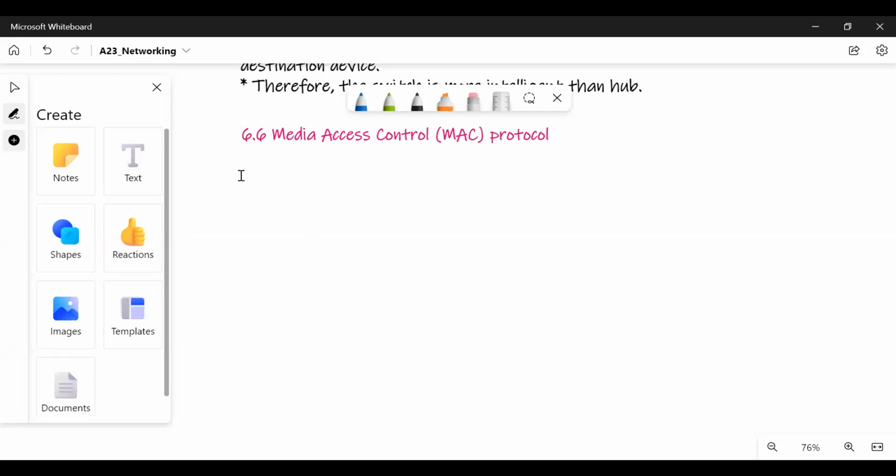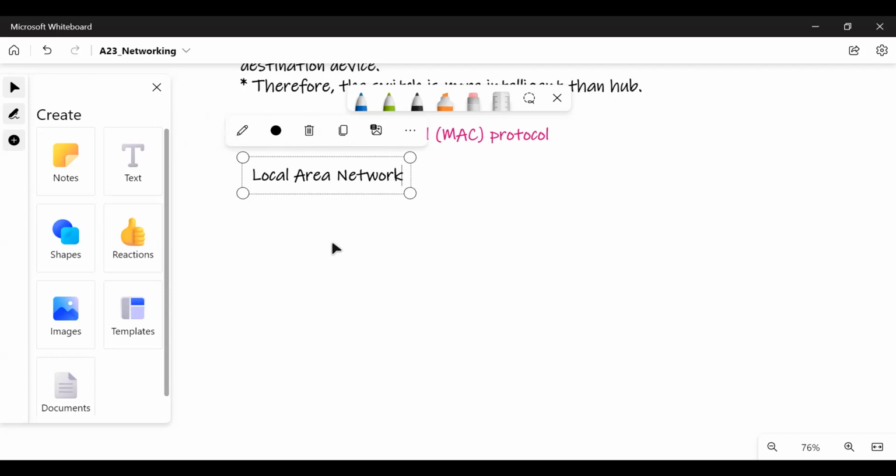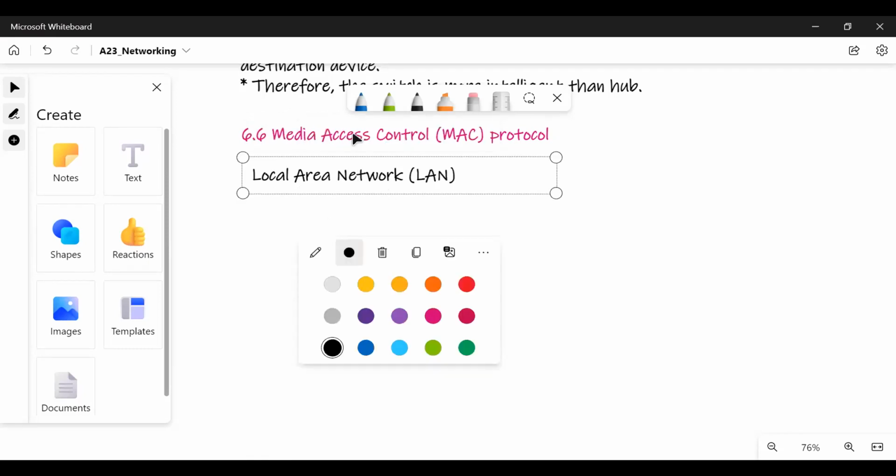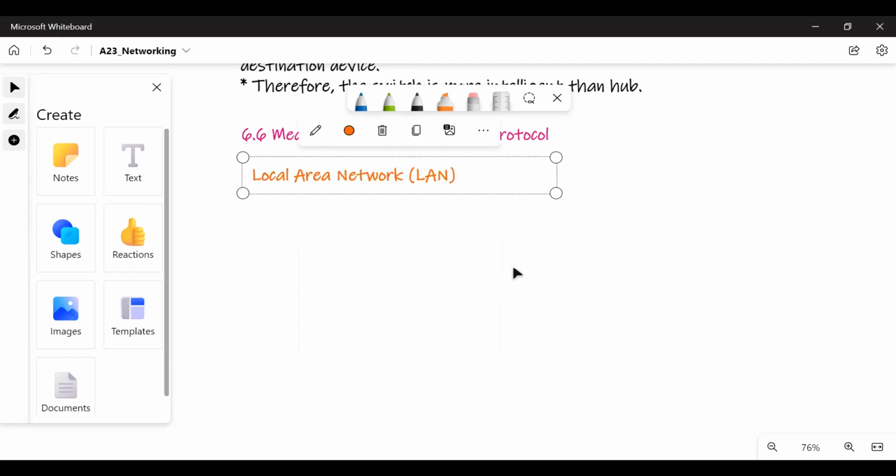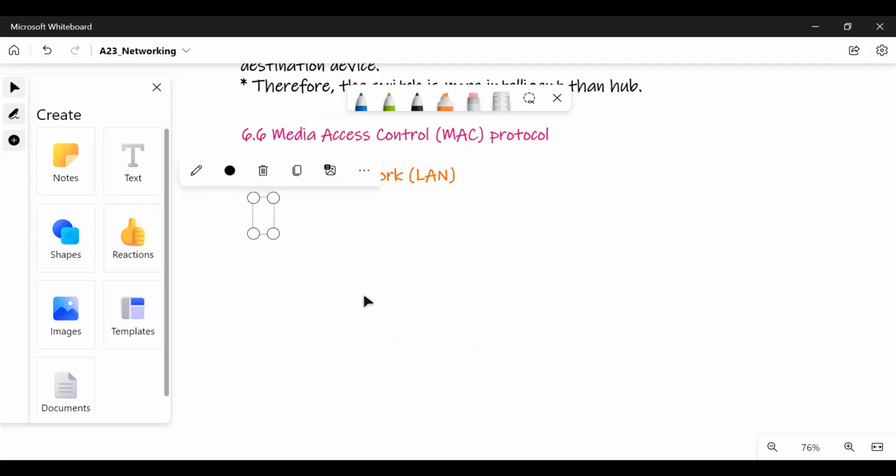So let's look at what a local area network is. Let's write down local area network, or in short, LAN, right? That is the smallest type of network that we can see. We have already discussed earlier that you can have LAN, MAN, and WAN.